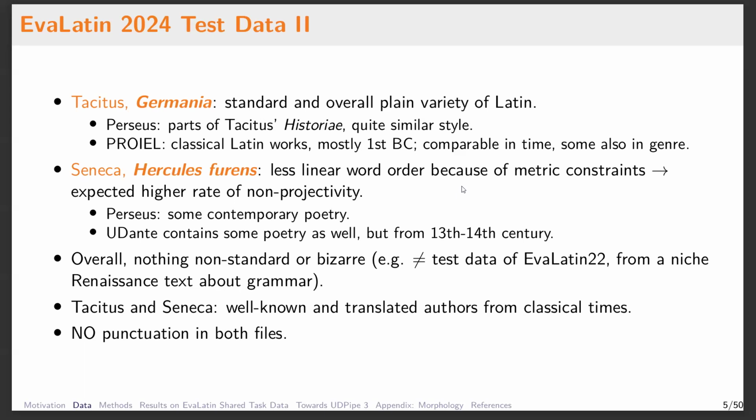In this case, no: Tacitus and Seneca are two of the most well-known authors from classical times, so more standard, let's say. What is interesting about the data is that there is no punctuation in both files, and I need you to keep this in mind because it will be useful later.